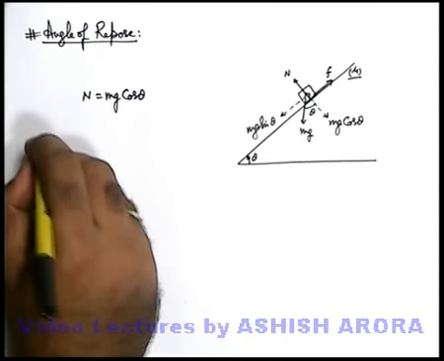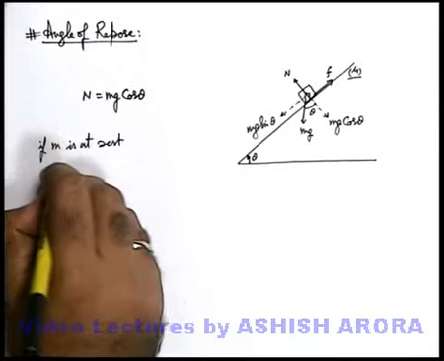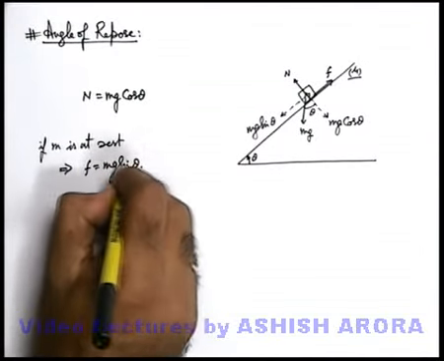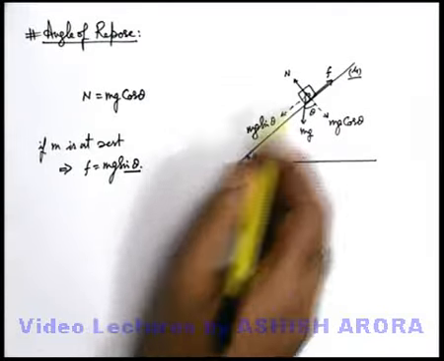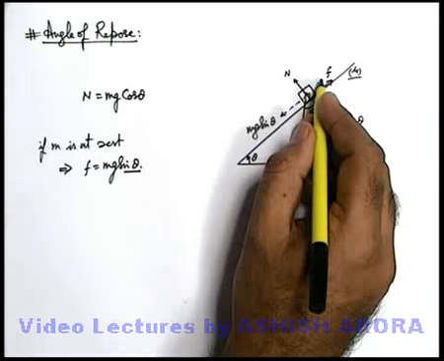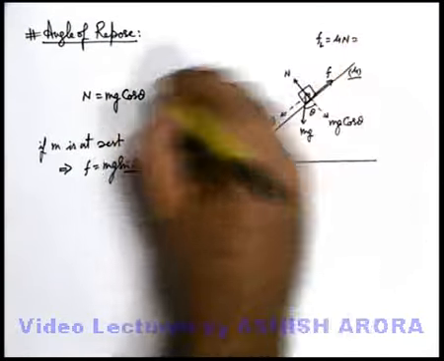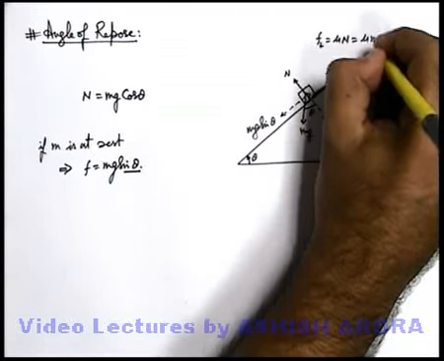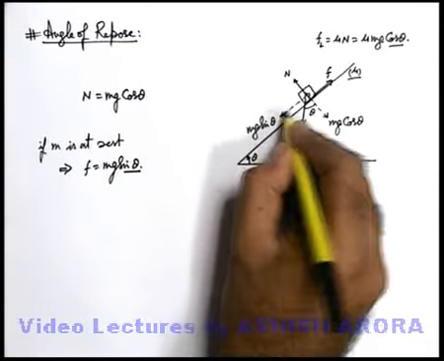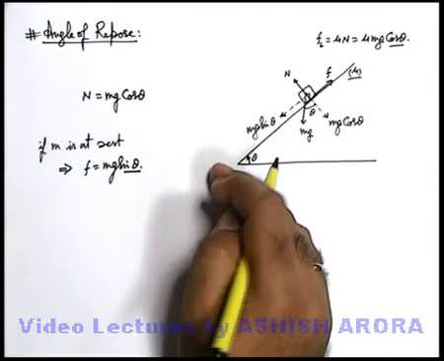If m is at rest, this implies friction is equal to mg sin theta. As theta increases, friction will also increase. As soon as friction approaches its limiting value, where the limiting value of friction is mu N and N is mg cos theta, it will be mu mg cos theta. As soon as mg sin theta approaches the value of mu mg cos theta, the block will start sliding.